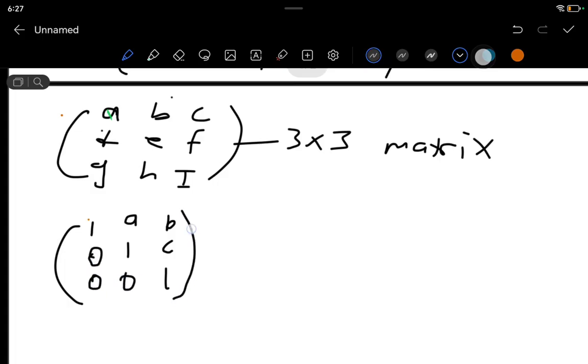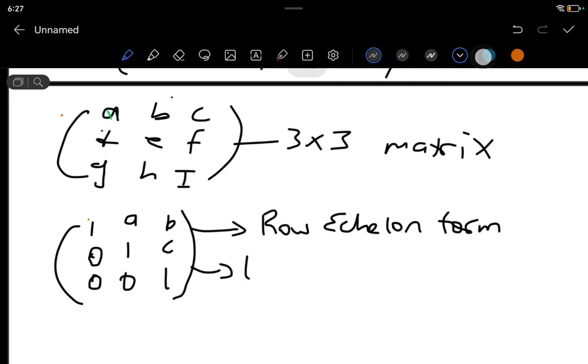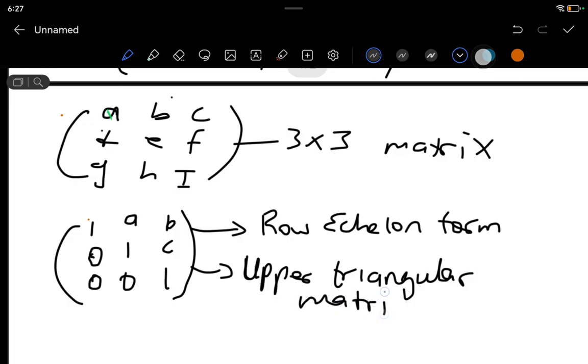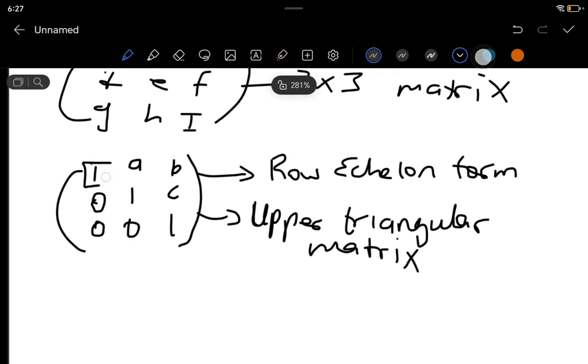In other words, this is, I can say, row echelon form. And this is an upper triangular matrix, right? And it's in row echelon form. So we have a leading 1, a 0 below, leading 1, a 0 below. We don't care about what's on top.